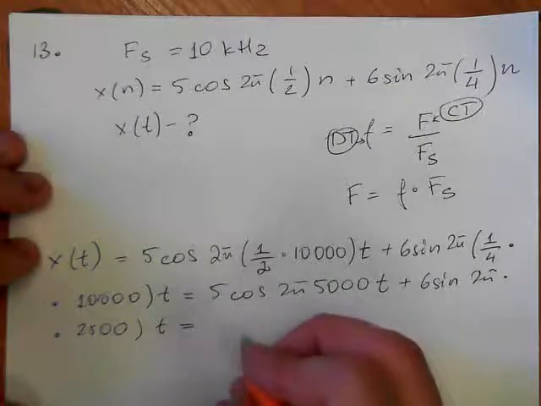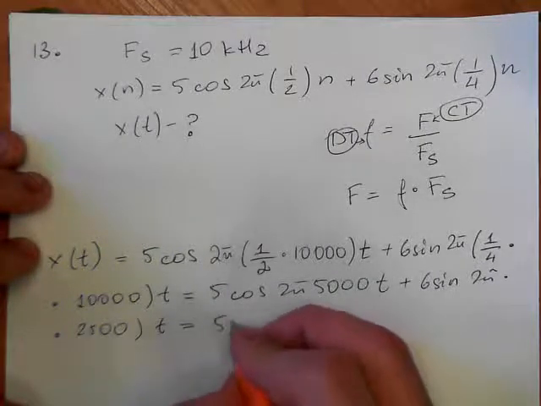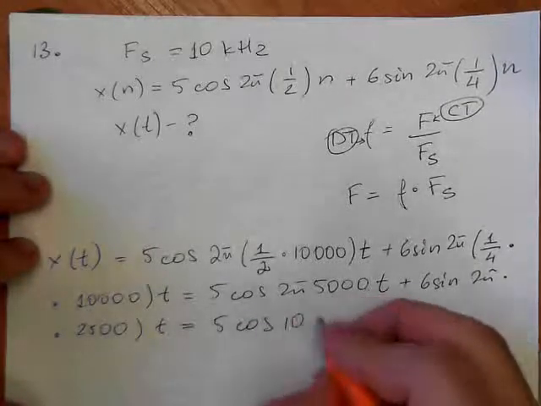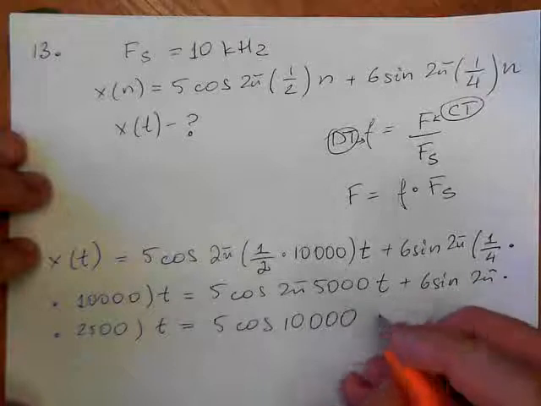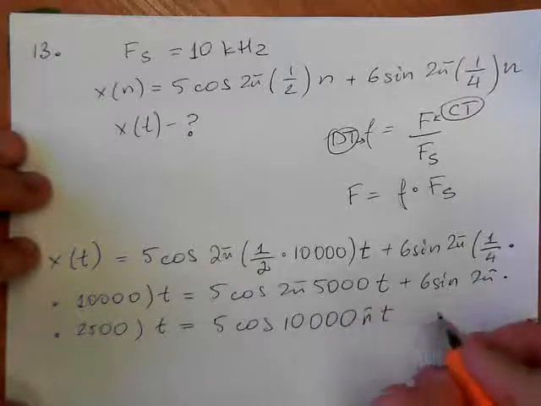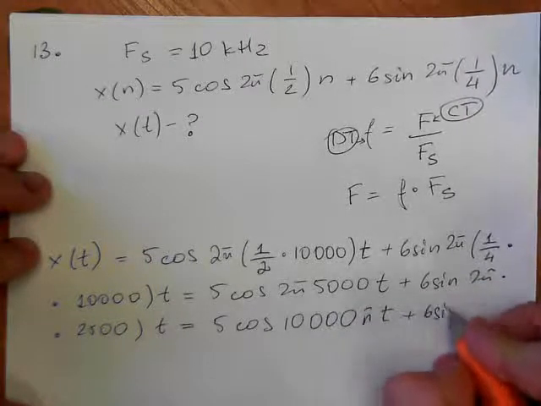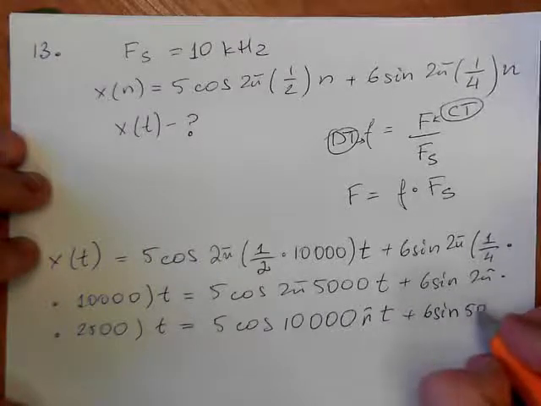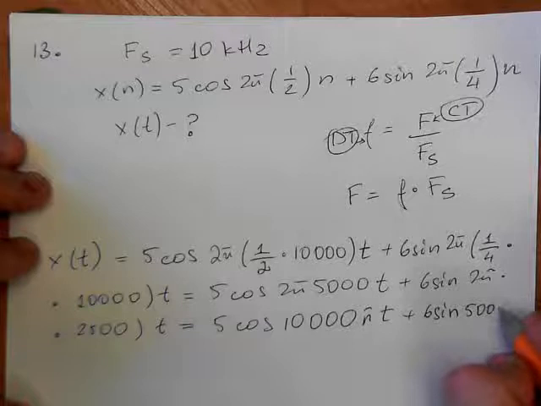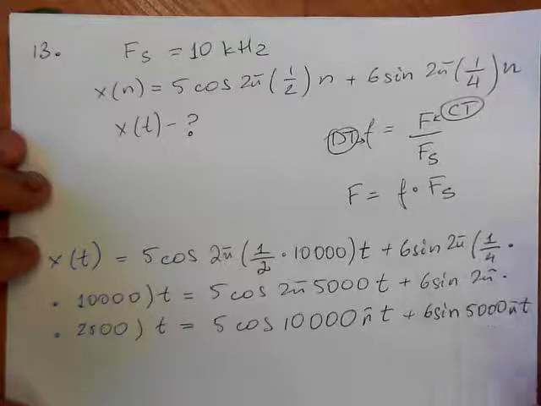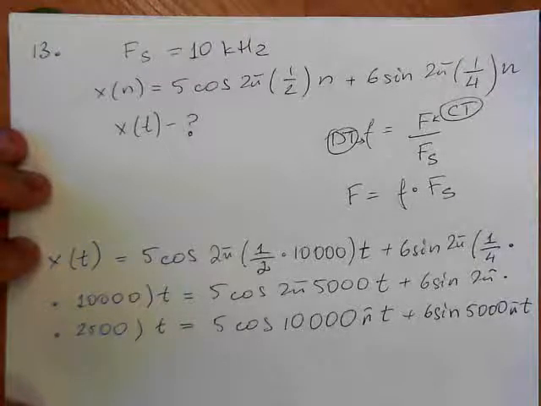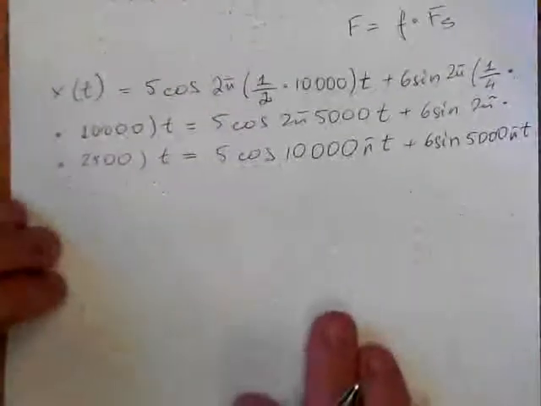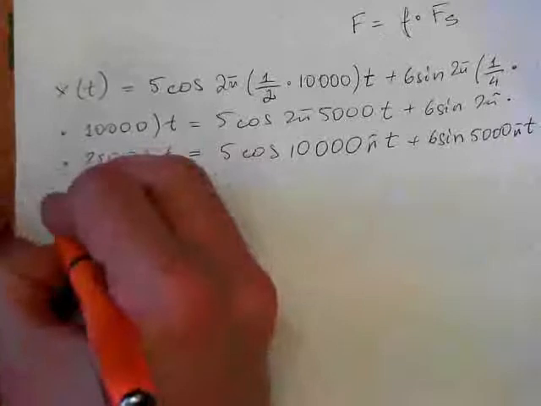And here we get 5 cos 10,000 pi t plus 6 sine 5,000 pi t. Probably correct. Okay, now we go to number 14.